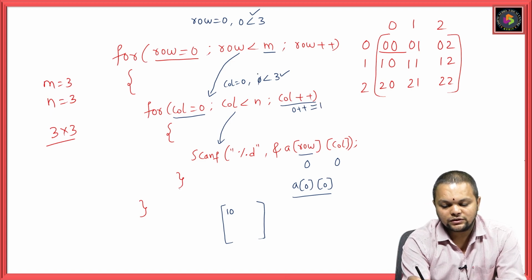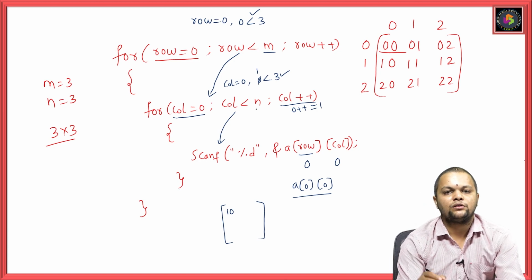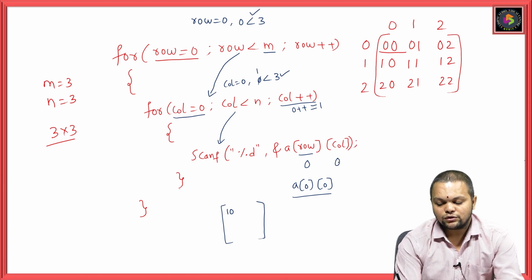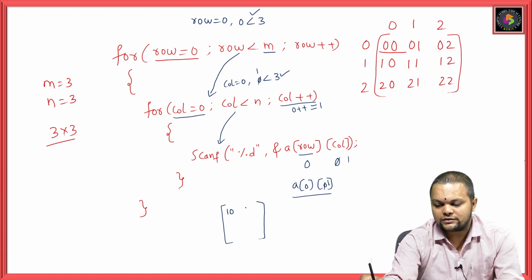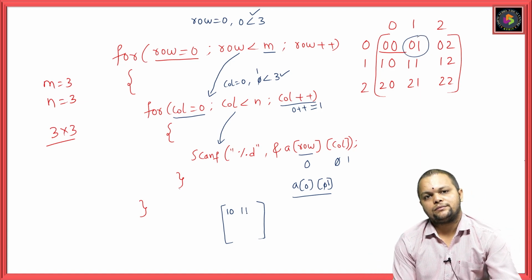So in the next iteration this 0 is replaced with 1, 1 is less than 3, this will enter into the inner block. Again row value is same. Column value is increased, 0 is replaced with 1 at this particular position. So we are giving the value at this position now. I am just giving the value 11.